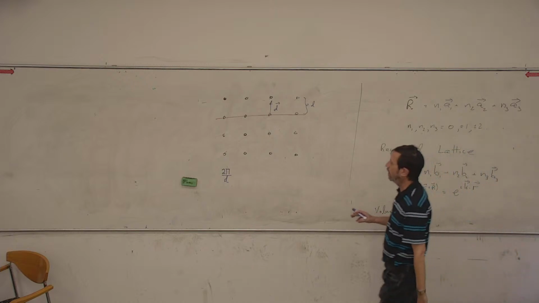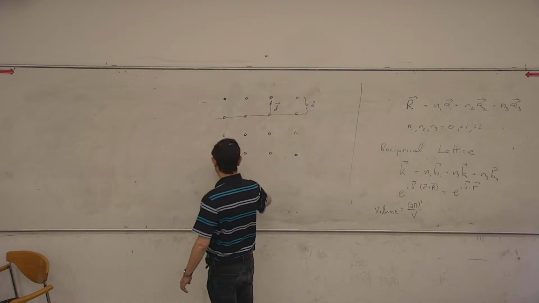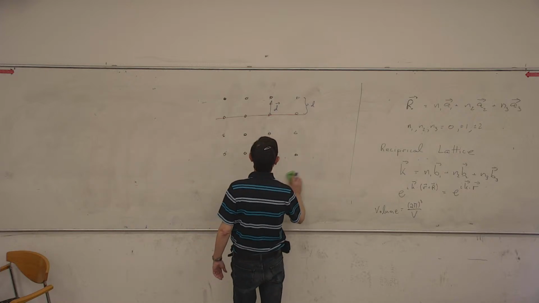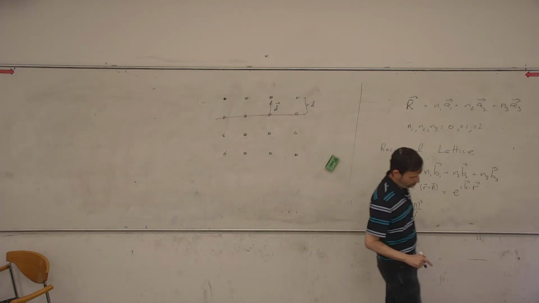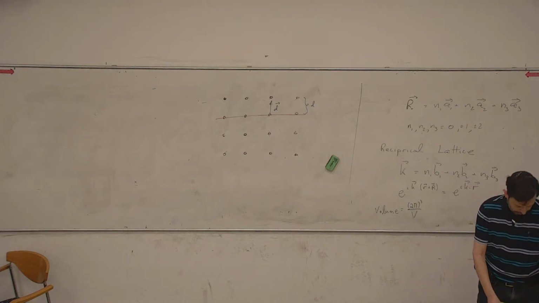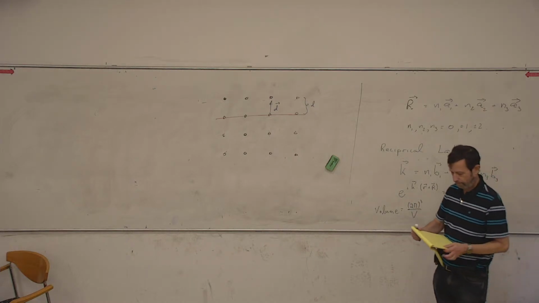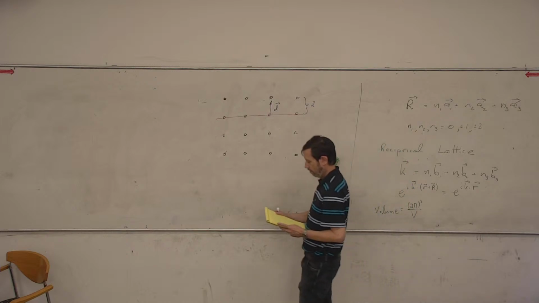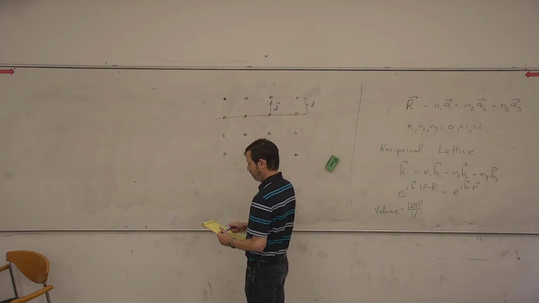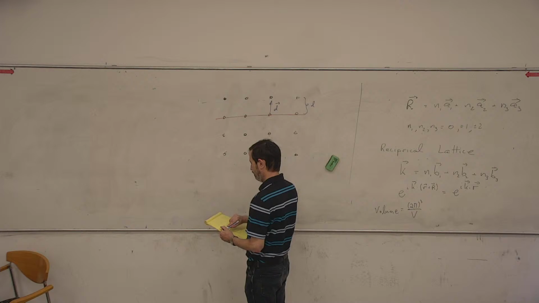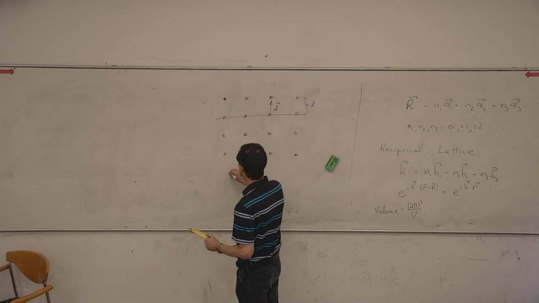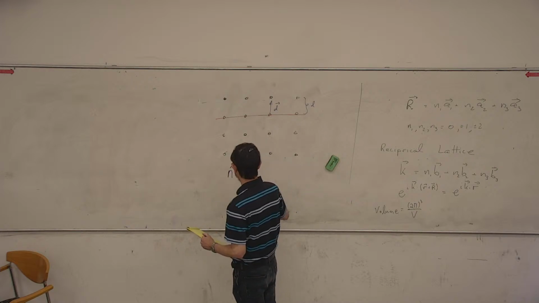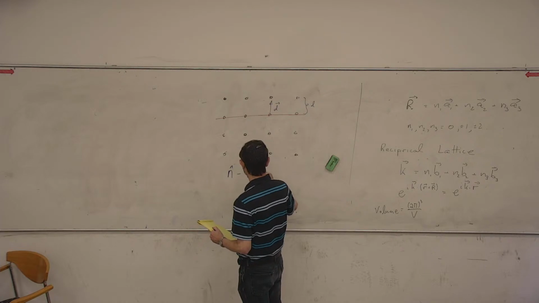Okay, how do I prove that this is correct? Let's assume I have a vector n which is perpendicular to a plane.